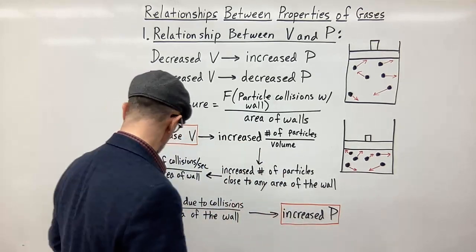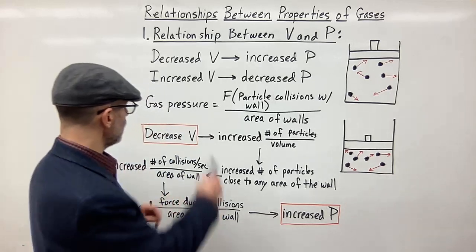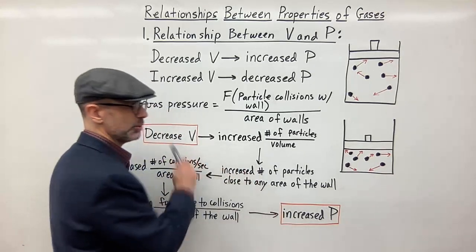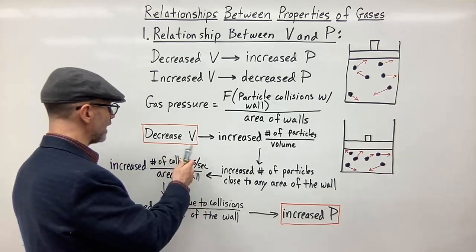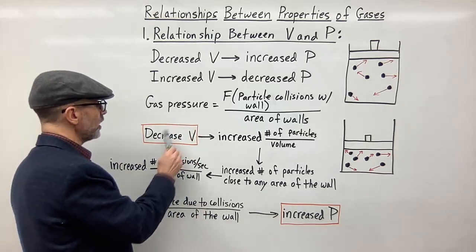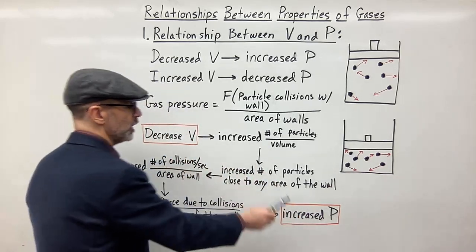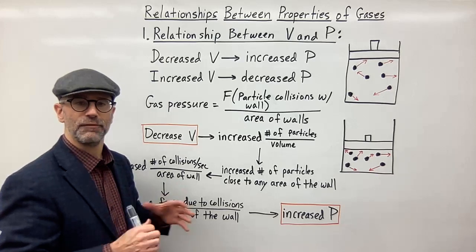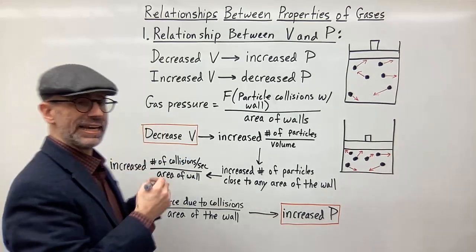And so what we know now is that this has an inverse relationship. According to the ideal gas law, or ideal gases, the decrease in volume and increase in pressure has an inverse proportionality to it. So what does that mean?